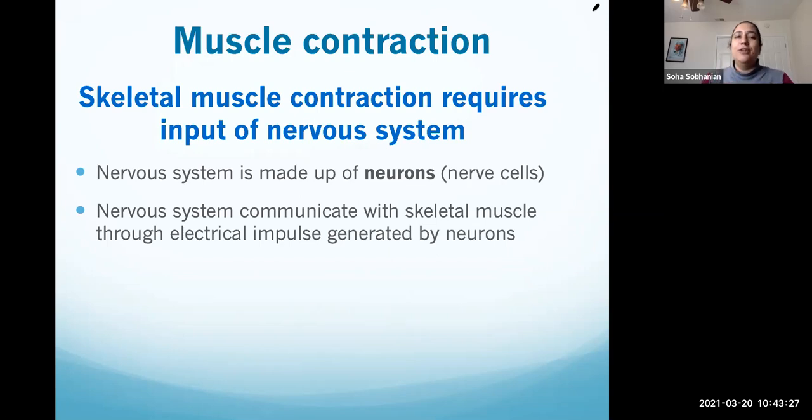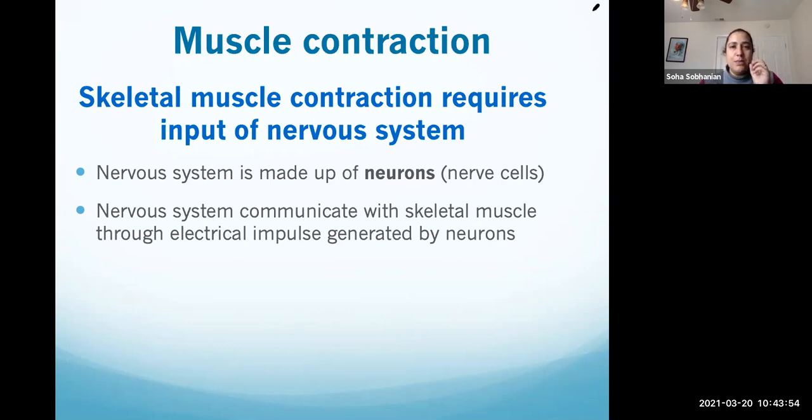The reason for this is when somebody has a stroke, the neurons in the part of the brain that was controlling the skeletal muscle have been damaged. So the nervous system that controls the skeletal muscles was damaged, okay? Because of that damage, you have lost the ability to effectively move your skeletal muscles.